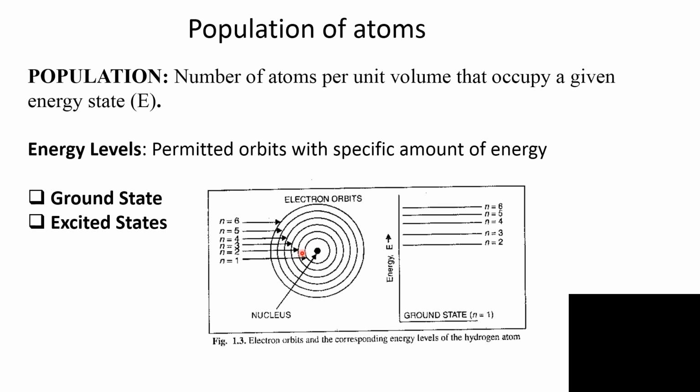Every level has a different energy, and due to these different energies the population also depends on the energy levels, and it is shown here in the form of bands. So this first band is the ground state and all the bands above it tell us about the excited states, and in all these excited states and the ground state the population will be different.